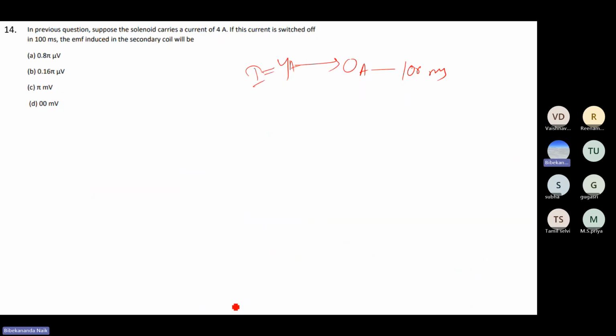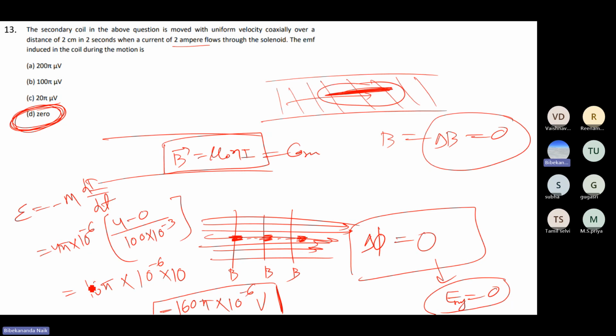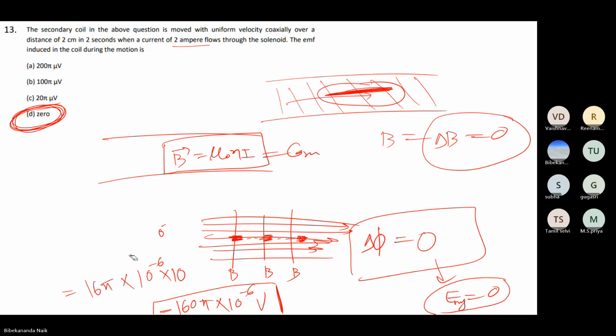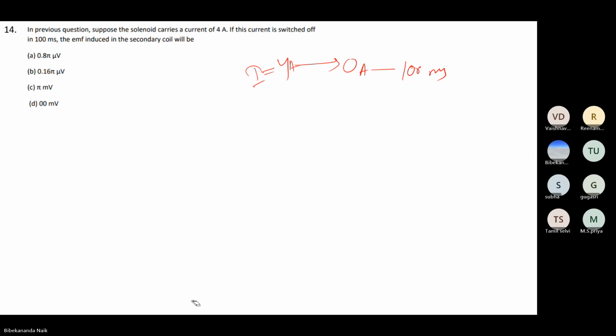Sorry, I calculated in the wrong place. Let me erase it and write it again. So we know the EMF is given by minus M di by dt. M is how much?